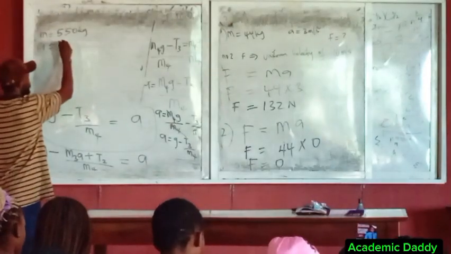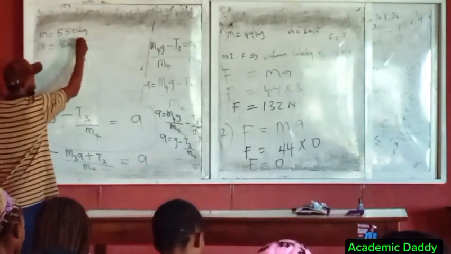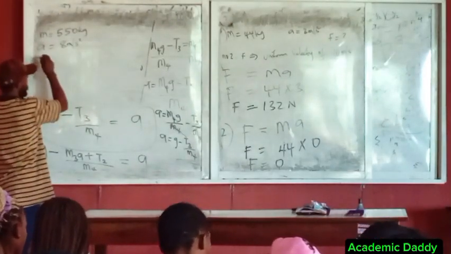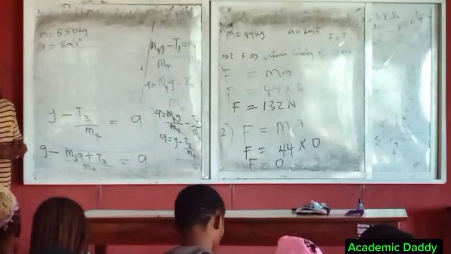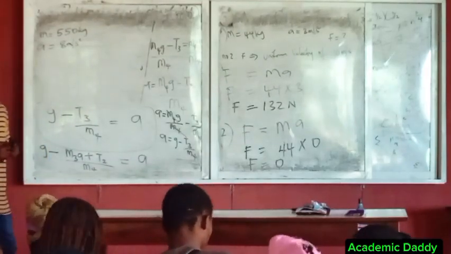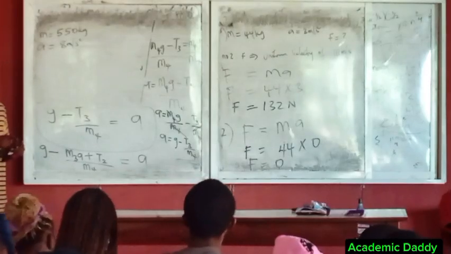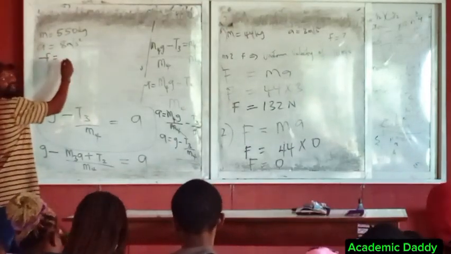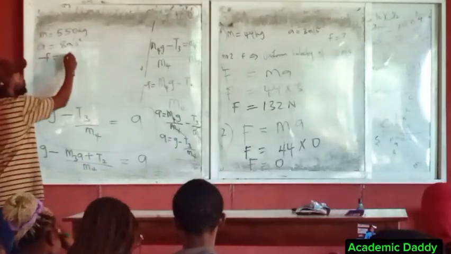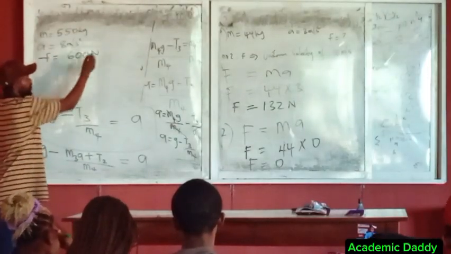Okay. The constant resistive force. I see. Constant resistive force means opposing motion, friction. So I can say minus F equals what? 600 newtons.